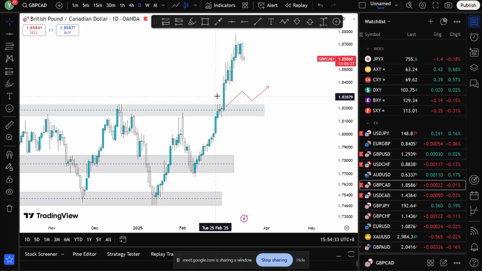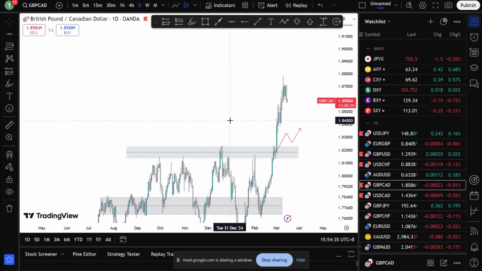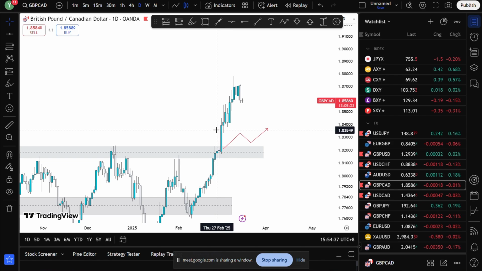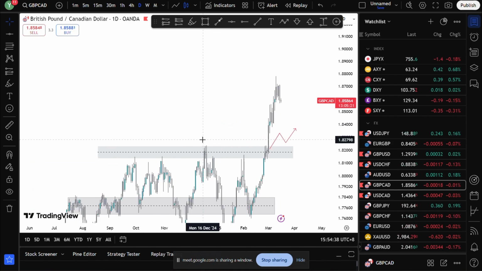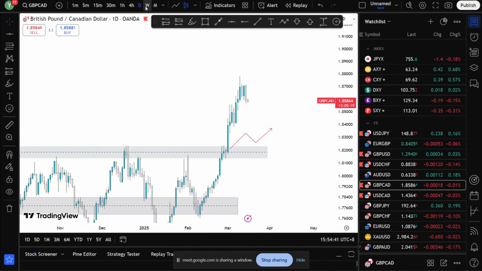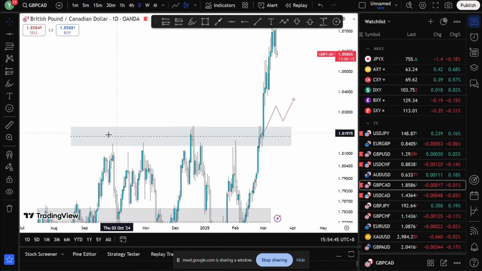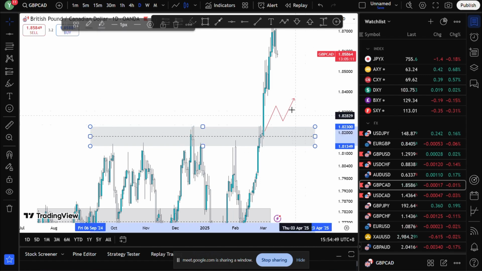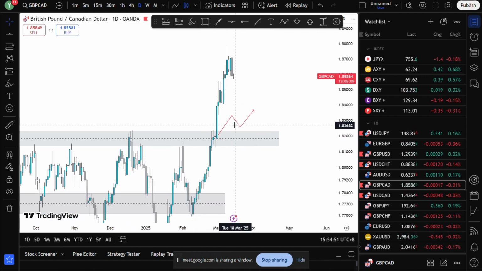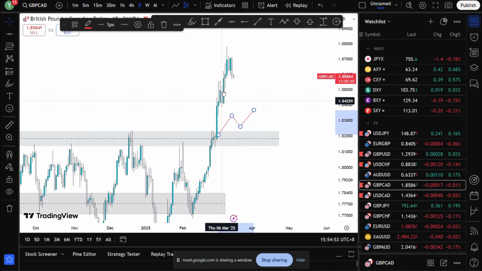And then for GBP CAD, for this one, this is actually a zone over here. It's an SNR zone. I was waiting for the price to break past this zone and be tested over here, but it went up straight away.